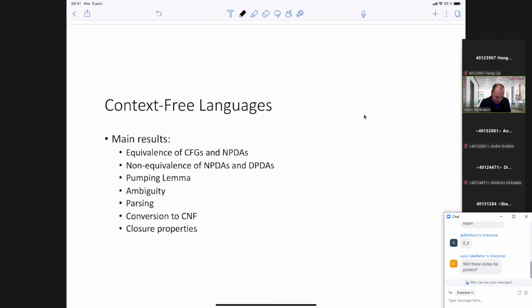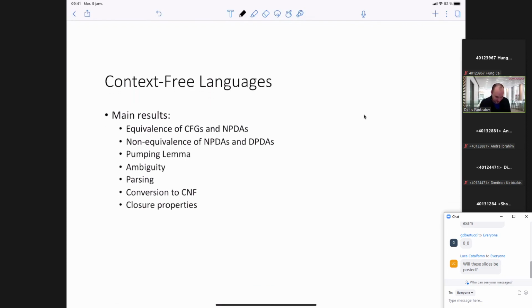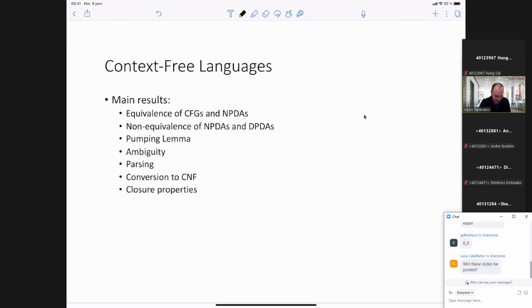Okay, now for the main results on context-free languages, we have equivalences between CFGs and NPDAs, and non-equivalence of NPDAs and DPDAs. So determinism actually loses some power. If you insist that your PDA is deterministic, there are some languages which it cannot accept, but an NPDA accepts those languages.